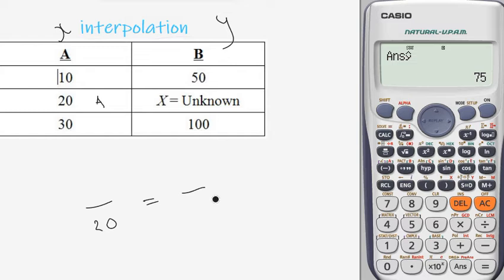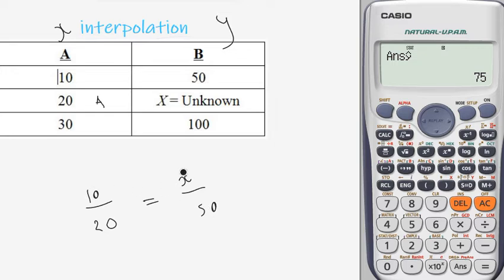The difference between these two numbers is going to be 50. And the difference between the previous number and the number in question is 10. The difference between the previous number and the mystery number that we don't know, I call it x.